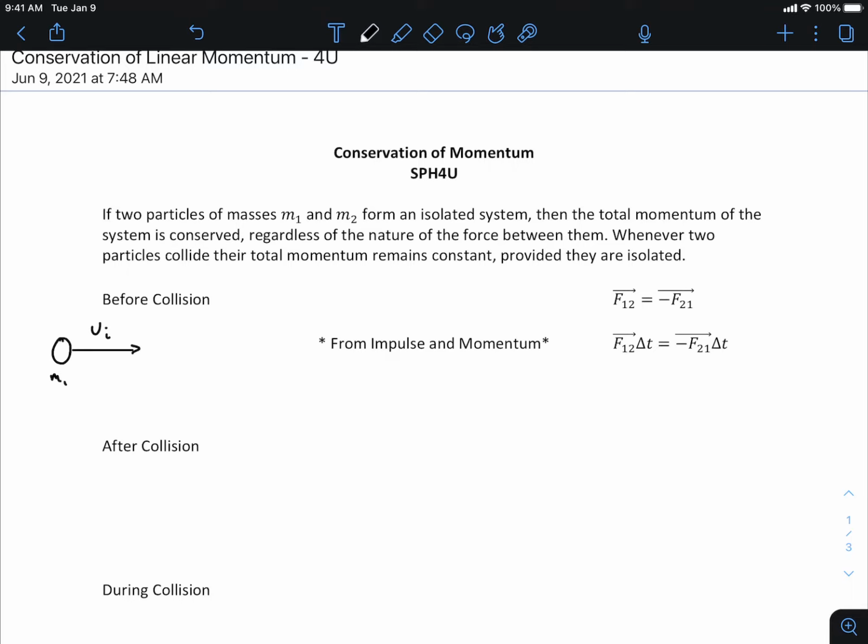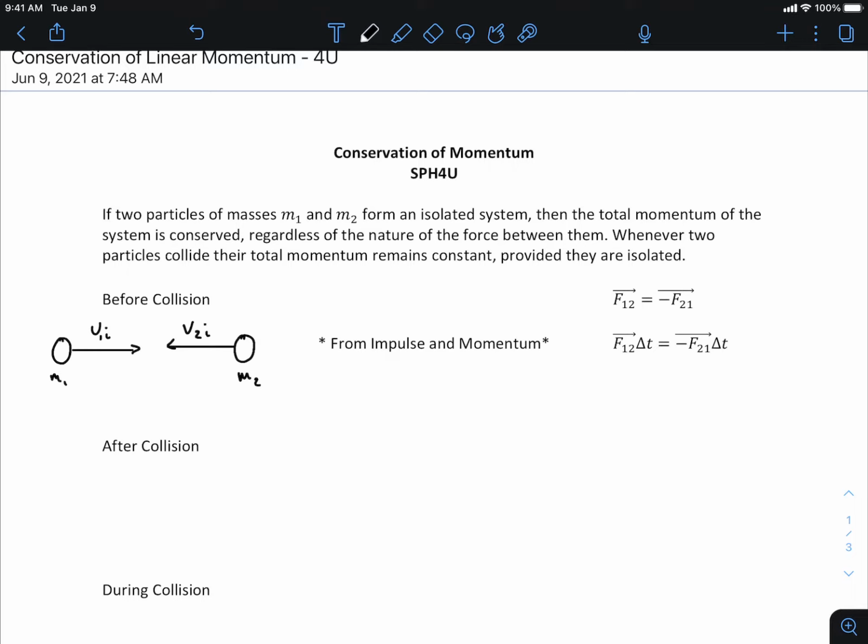Actually, we'll put the 1 there to denote m1 and v1, so all the information is matching up to particle 1. And then we're going to have particle 2 also traveling with some speed. We'll call it v2 to match up with particle 2, m2, and that's still the speed initially.